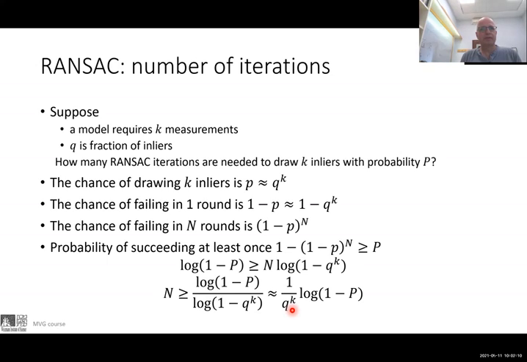Before the approximation, it's a negative number divided by a negative number. So it should be minus 1 over q to the k. Yes, good point, Heli. So the sign should be corrected. Otherwise it's okay.